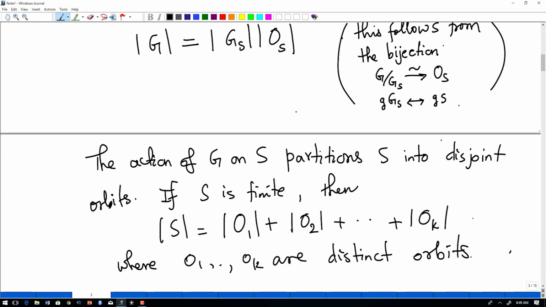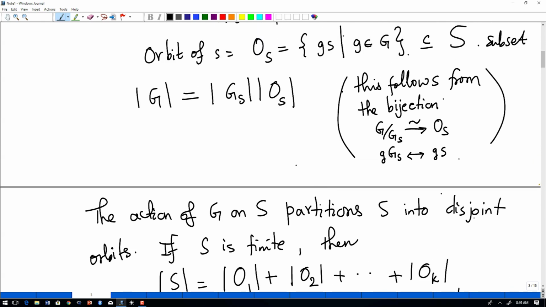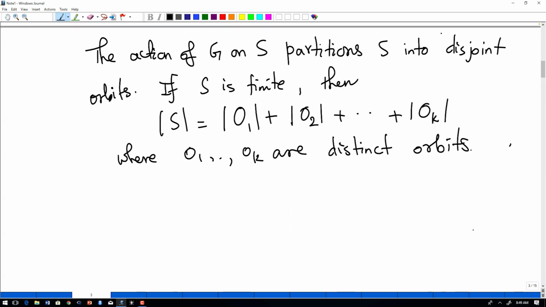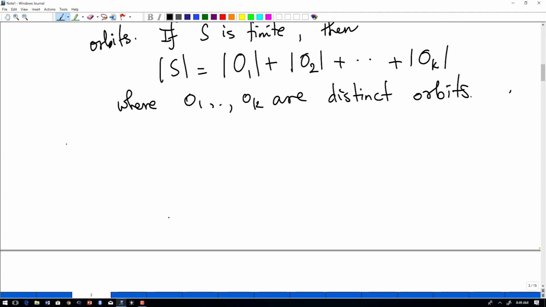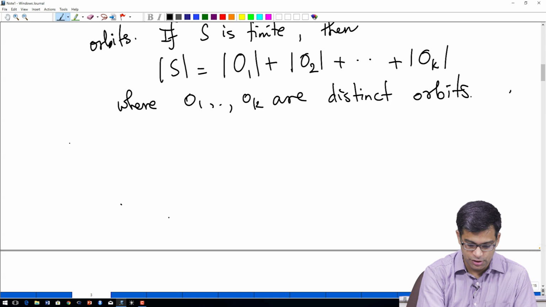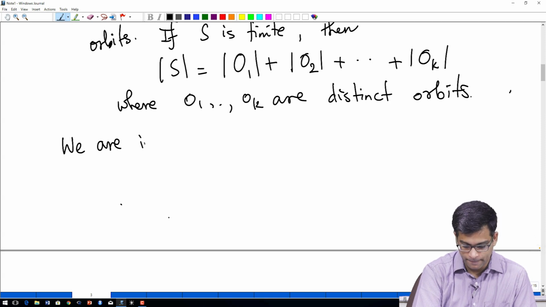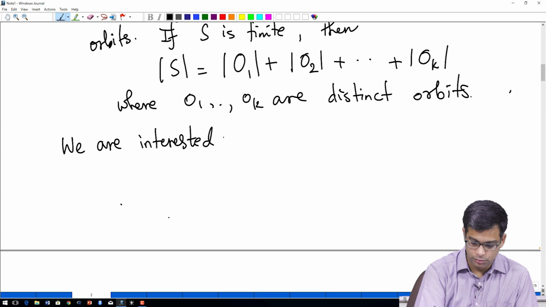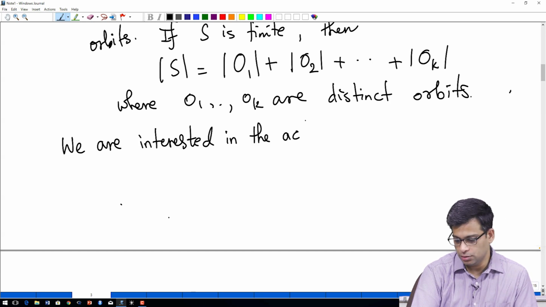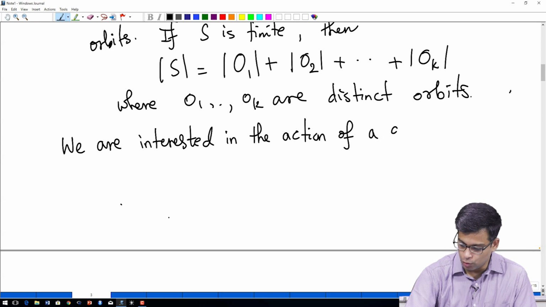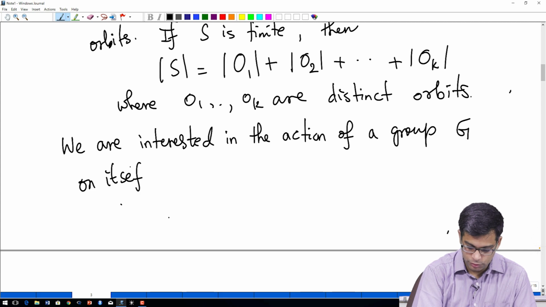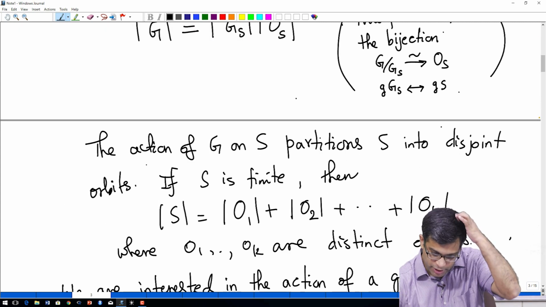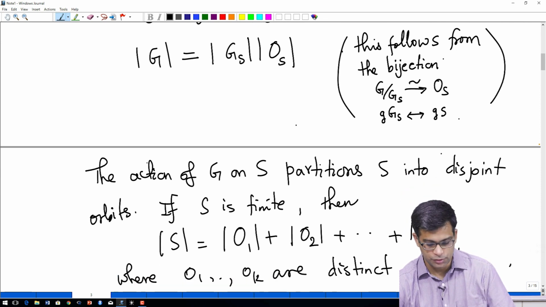So, these are the two important equations that we have attached to a group action. We have the counting formula which says something about the order of the group, and then we have something about the order of the set. And the most important actions for us in the context of Sylow theorems are the action of a group G on itself. Remember that the two equations that I recalled for you are general statements.